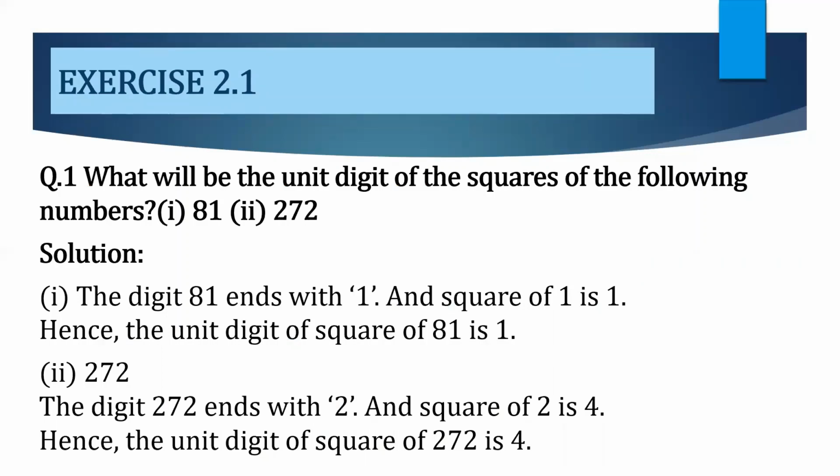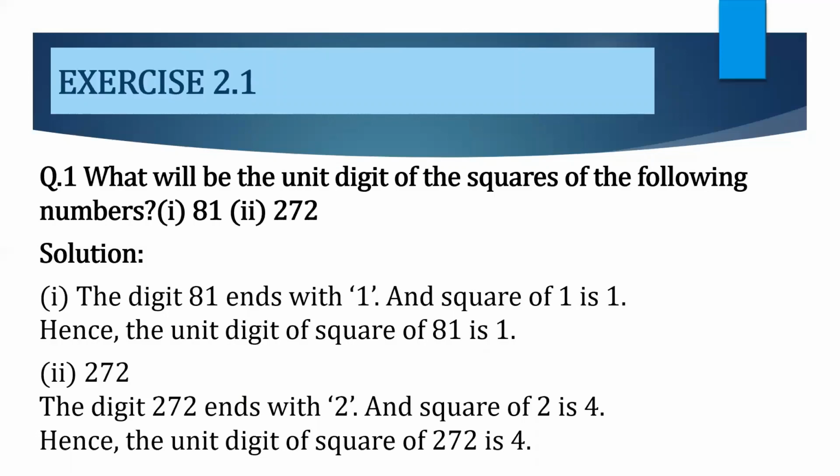What will be the unit digit of the squares of the following numbers? One number we have is 81 and another number we have is 272. For solving this exercise, you need to recall the properties that we have done in the first session.